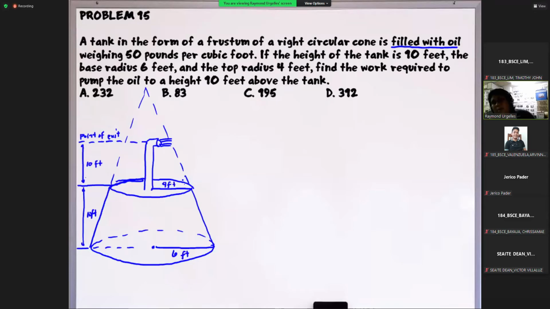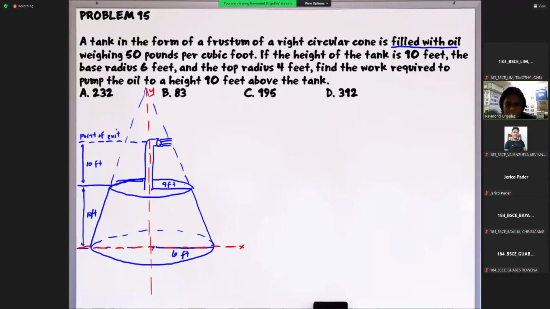Okay, let's try to solve this problem. One way to solve this is by using analytic geometry, by using graphing, our Cartesian plane. We consider this as our y-axis, yung dumadaan sa center or the axis of the frustum. For our x-axis naman, let's consider the base.